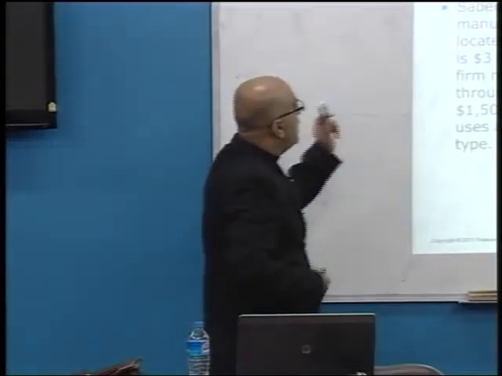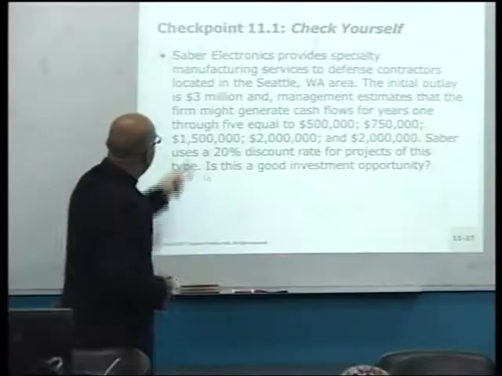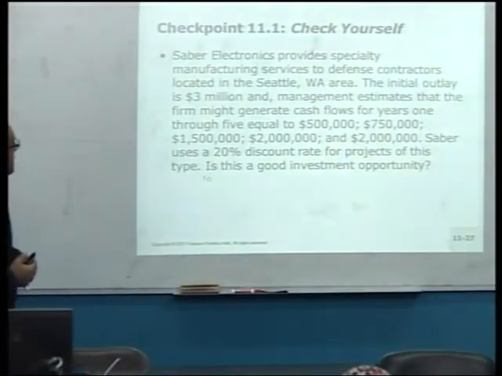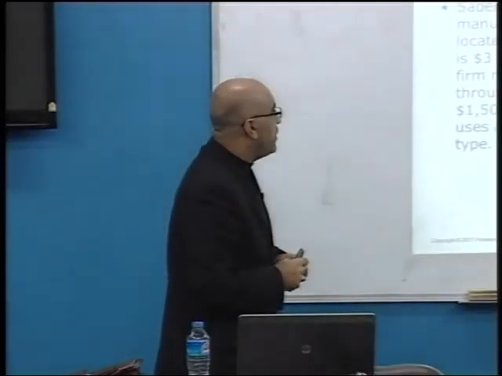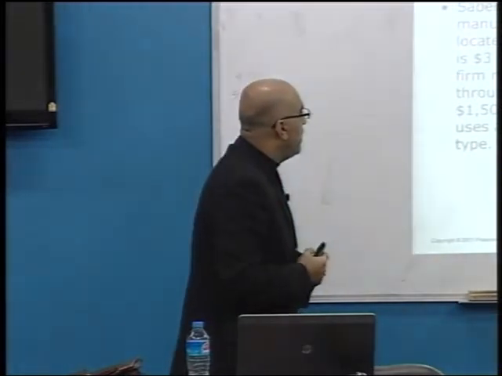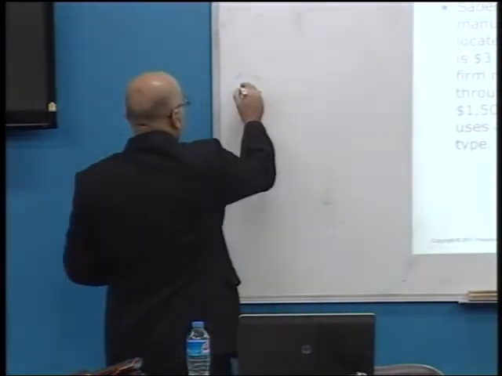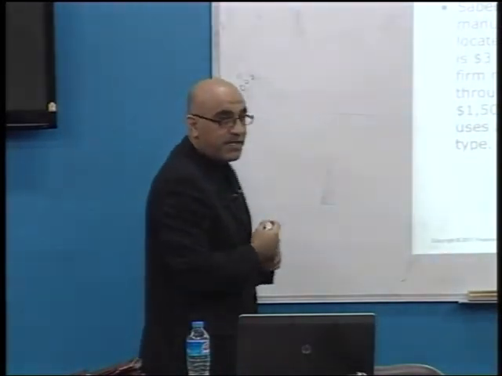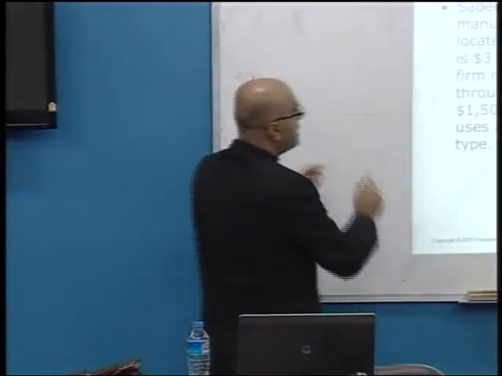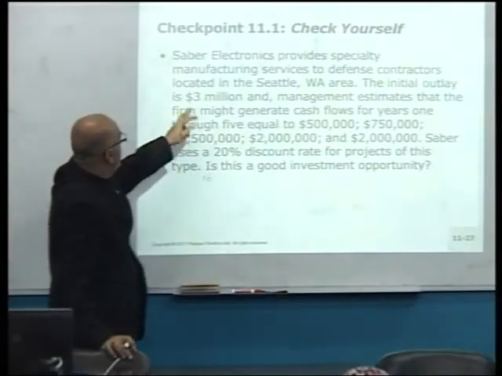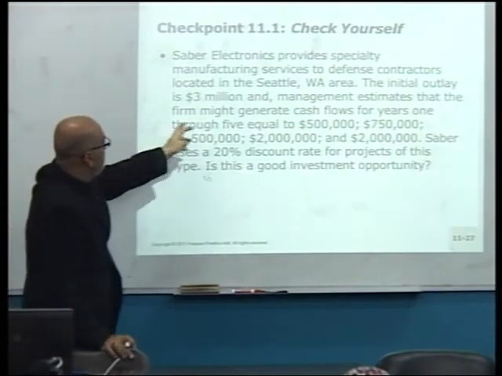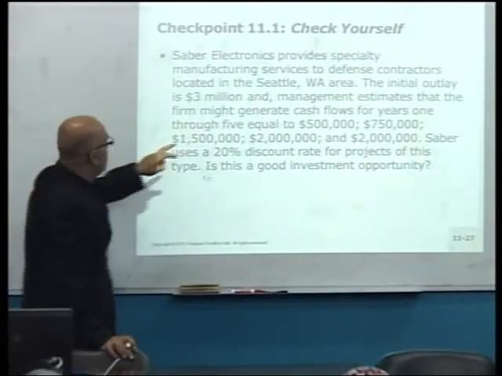Okay, so now, to defend Seattle, the initial outlay is 3 million, and management estimates that the firm might generate cash flows for years 1 through 5. So consider this 3,000 or 3 million. Then how many years? The firm will generate cash for years 1 through 5.